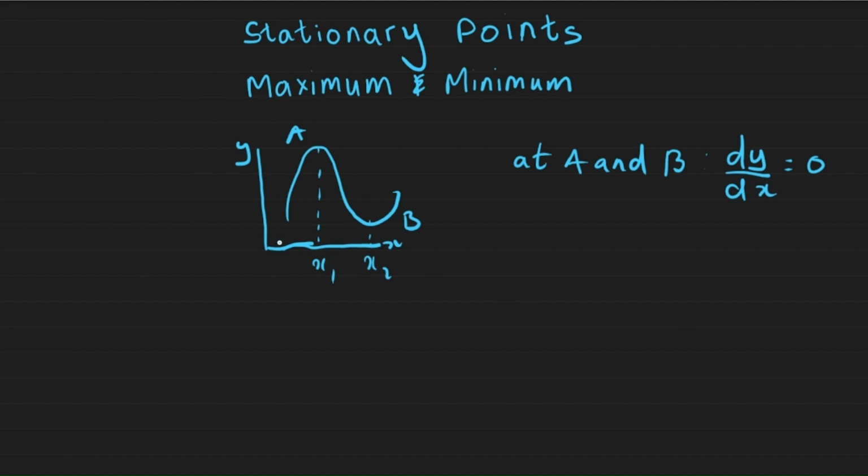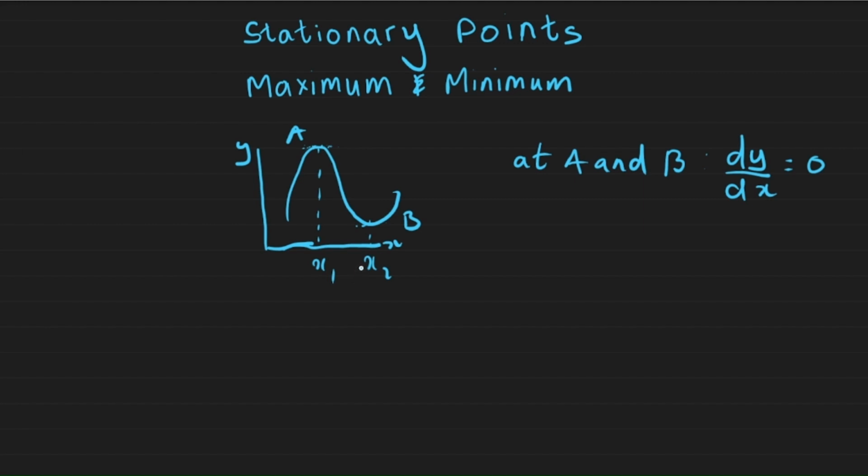So how y changes with x is 0. The tangent to the point is 0. So the tangent is just a horizontal line at both A and B.